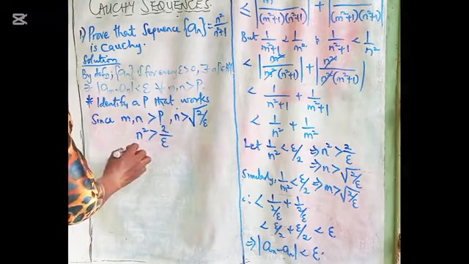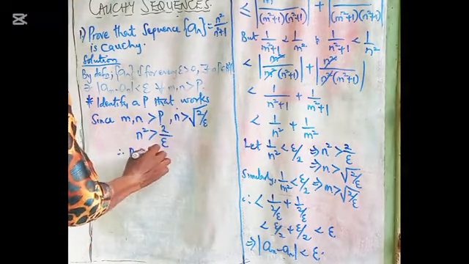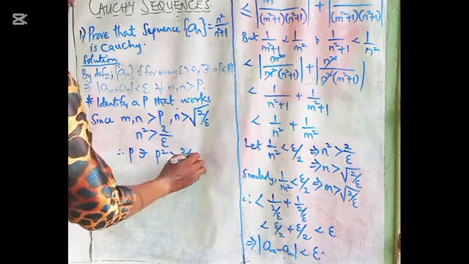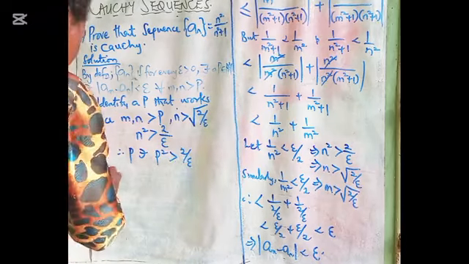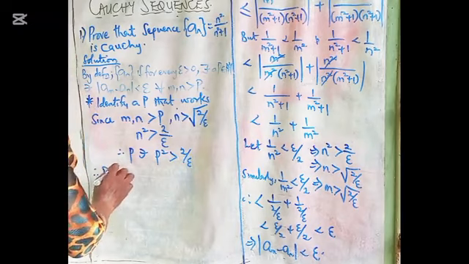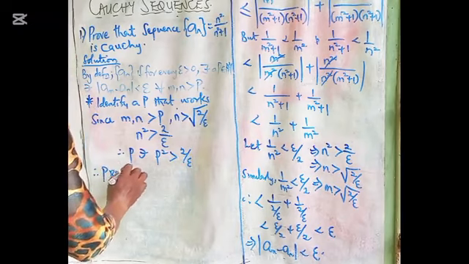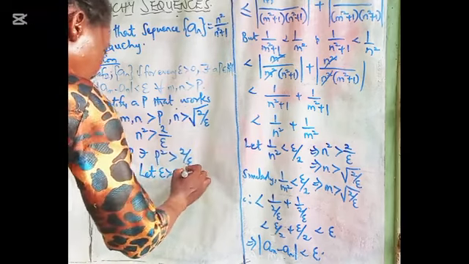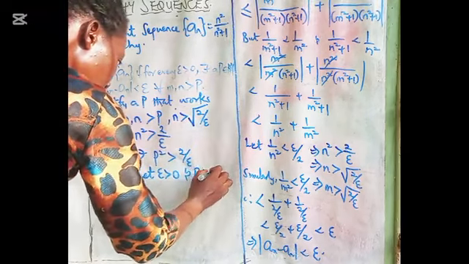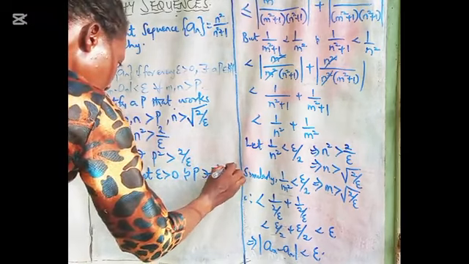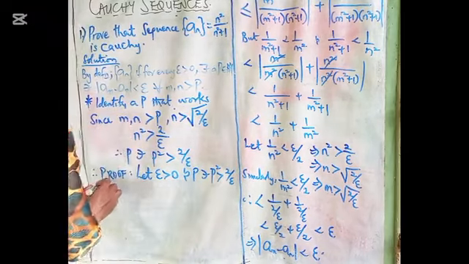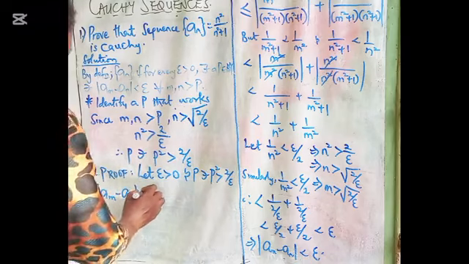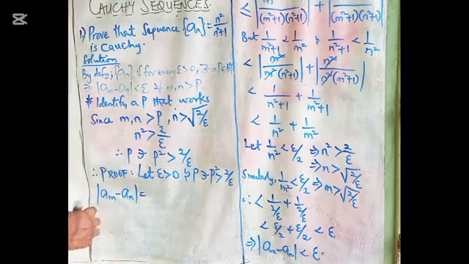Therefore, our p is such that p squared will be greater than 2 over epsilon. Therefore, we want to prove: let epsilon be greater than 0 and p be such that p squared is greater than 2 over epsilon. We want to now show that a sub m minus a sub n will be less than epsilon.